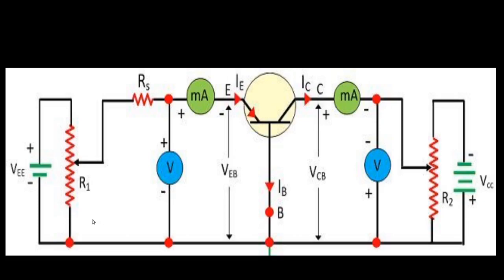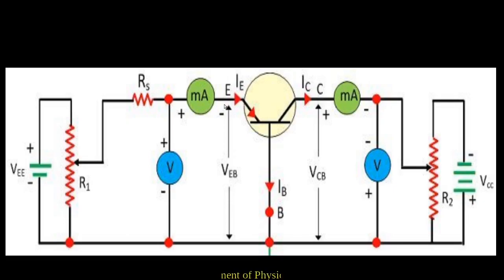A series resistor RS is inserted in the emitter circuit to limit the emitter current IE. The value of collector voltage changes slightly by changing the value of potentiometer R2. So by varying this, we can vary the collector curve.